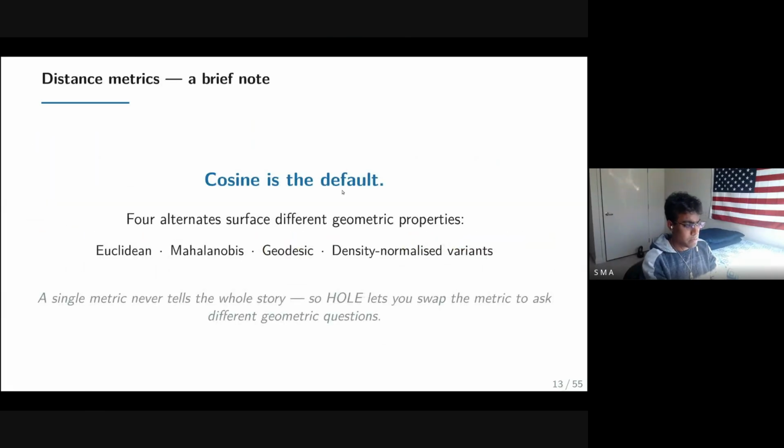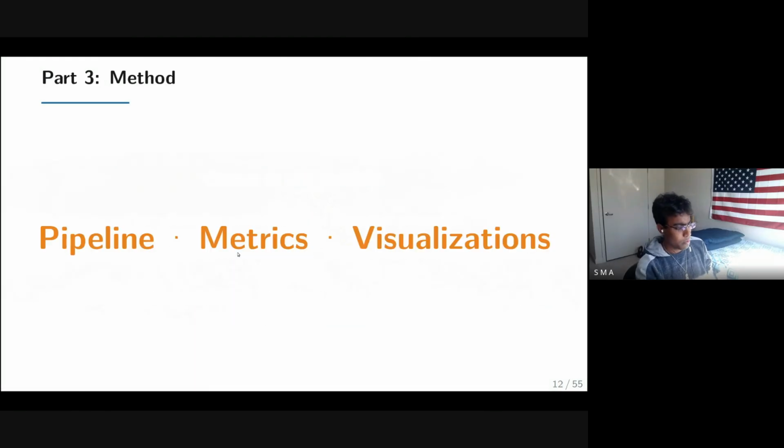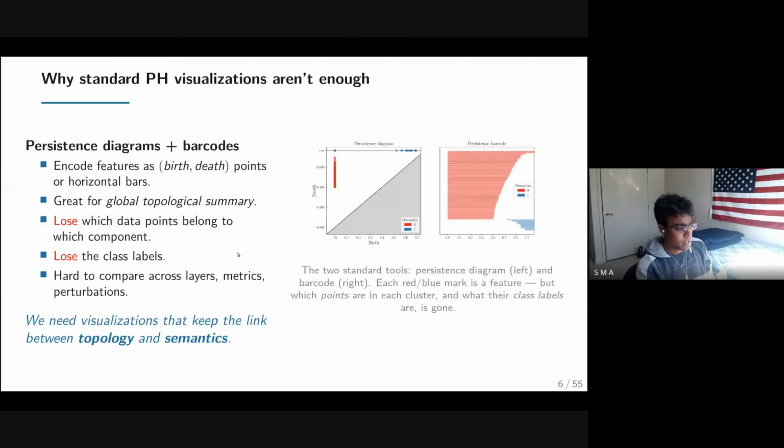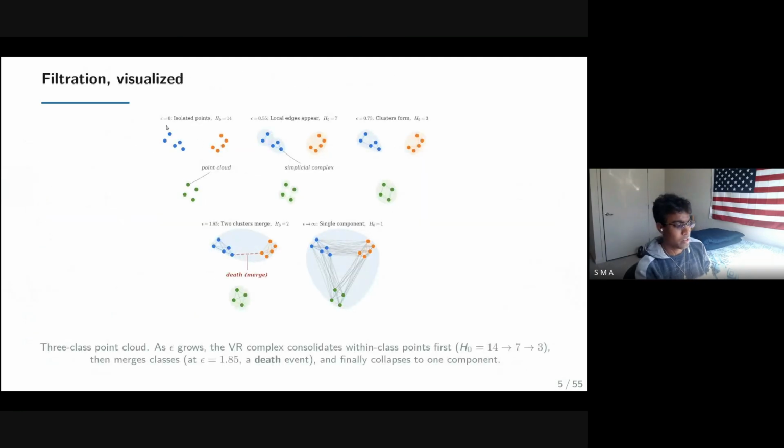So coming to the methodology, if you go back to the filtration process here, you'll notice that we're increasing the radius and trying to see if there's any cluster formation. We actually tried using five metrics: Euclidean, Mahalanobis, geodesic, density normalization, and cosine.